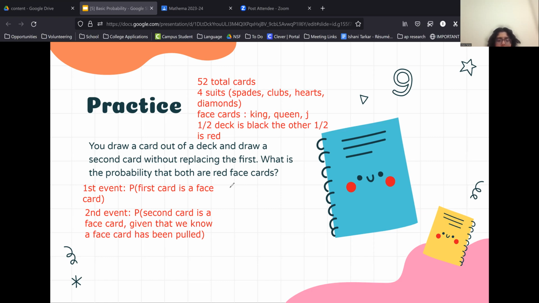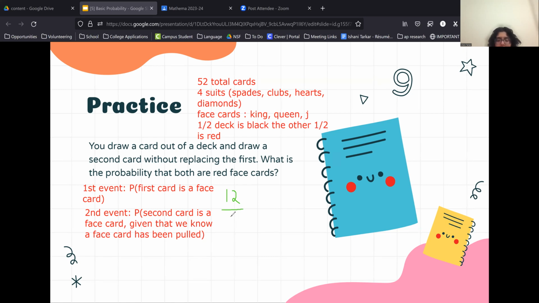The probability the first card is a face card: remember that we have three different types of face cards, and each of these corresponds with 4 suits, meaning there are 12 total face cards. King of spades, clubs, hearts, diamonds, queen of each suit, jack of each suit, which is 12 if you count it out.